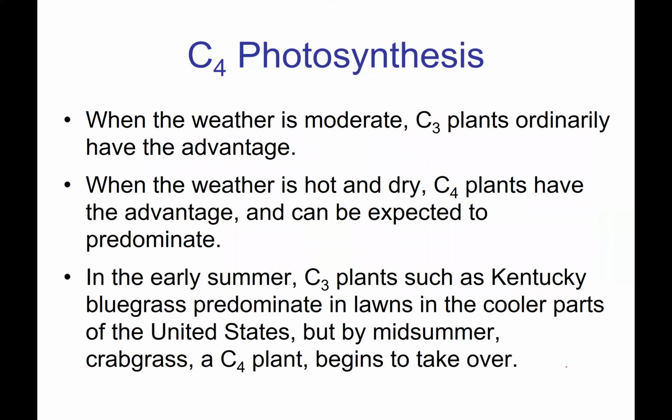So when the weather is moderate, C3 plants normally have the advantage, but when it's hot and dry, C4 plants are going to have the advantage. So in early summer, C3 plants such as bluegrass are predominant in lawns and the cooler parts of the United States, but in midsummer, when it gets hotter, C4 plants are going to take over.